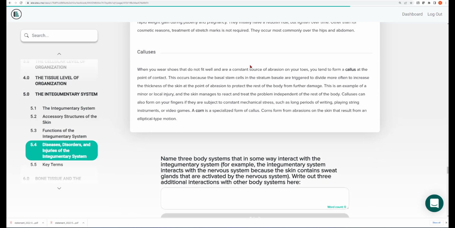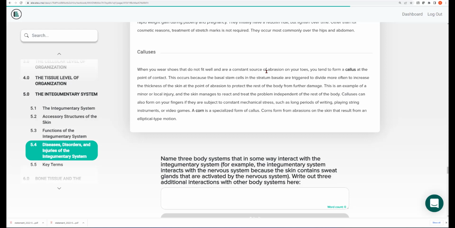And then finally, any part of your skin that you are abrading or getting roughed up on, for example, the heel of your shoe or the sole of your foot, or maybe if you work with your hands a lot, you might have calluses on your hands. This is simply an area where lots of cells are triggered to divide to make more cells.